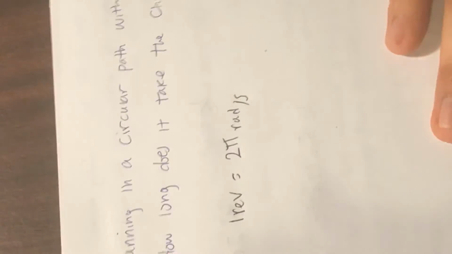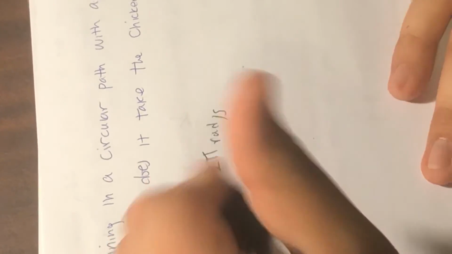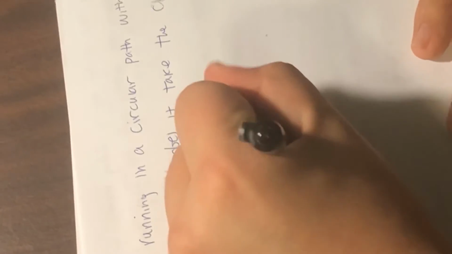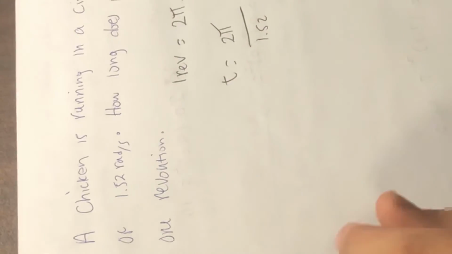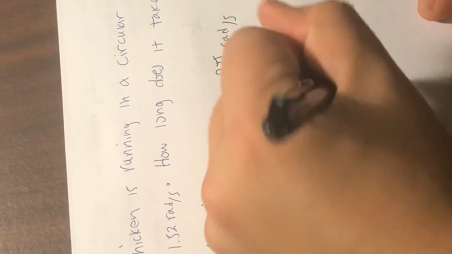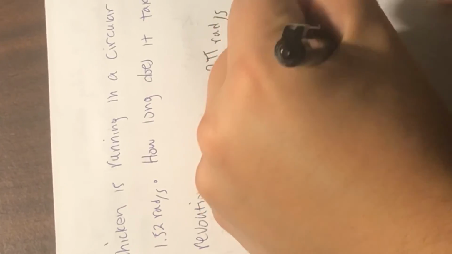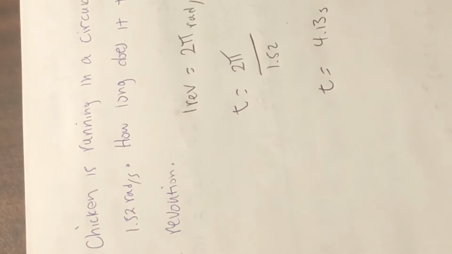Since we already know the rad per second, time t equals 2 pi divided by 1.52. So we just plug that into the calculator and we get t equals 4.13 seconds.